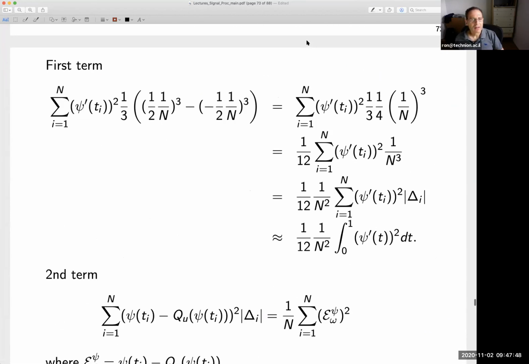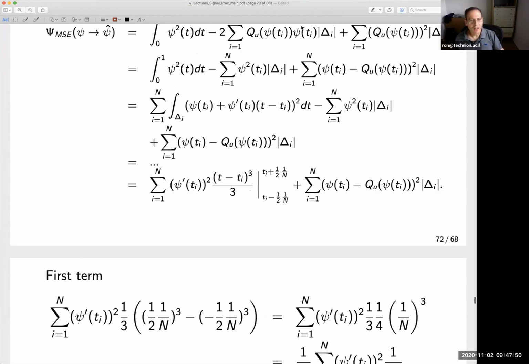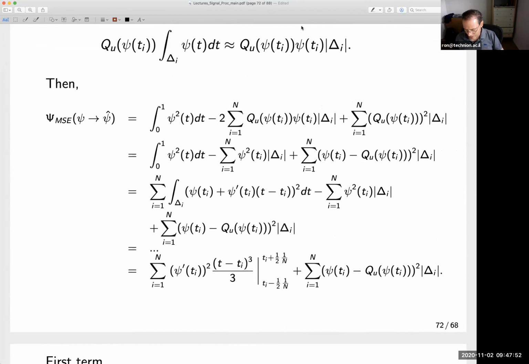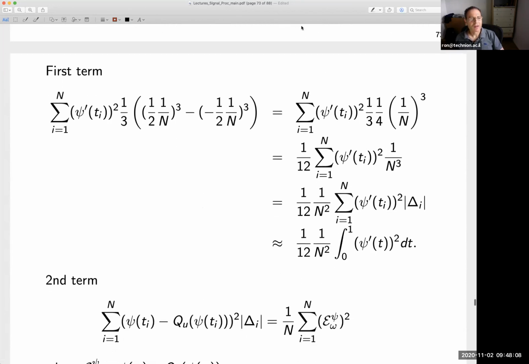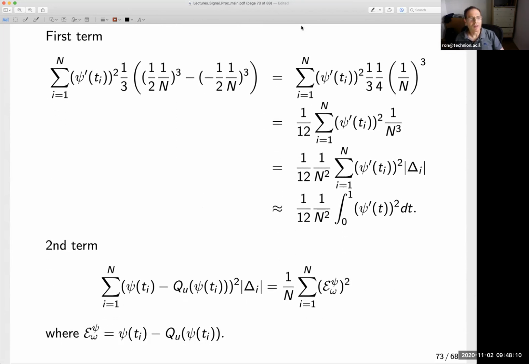Okay, next. We call this one the first term and this one the second term. So let's zoom in on just the first term. What we'll do is push in the lower and upper values of this term, and let's just analyze the first term. So the first term would look like that. Why?